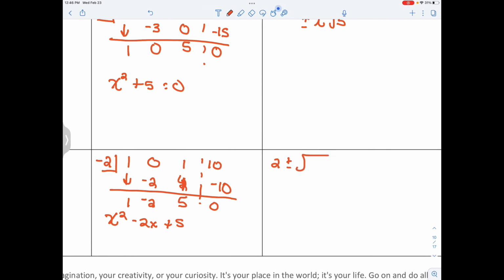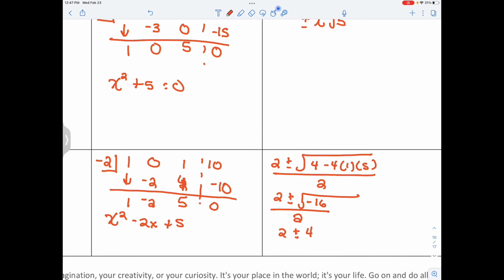2 plus or minus the square root of 4 minus 4 times 1 times 5 all over 2. So this is 2 plus or minus the square root of negative 16 all over 2. The square root of 16 is 4, so this would be 2 plus or minus 4i all over 2.